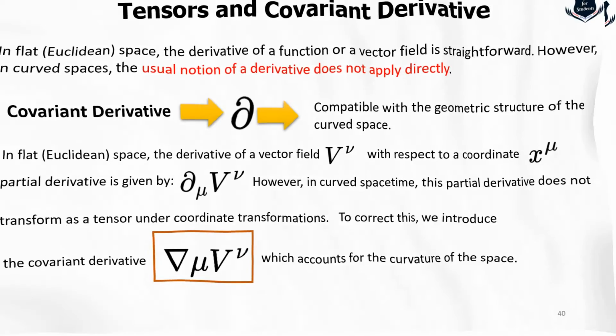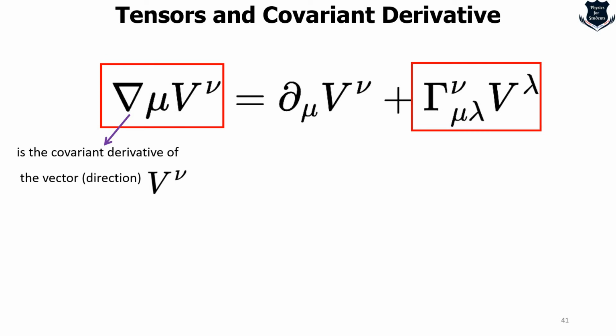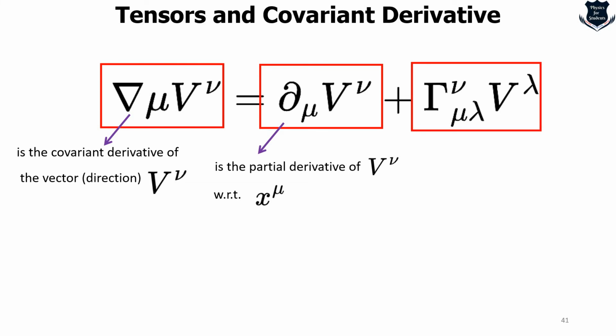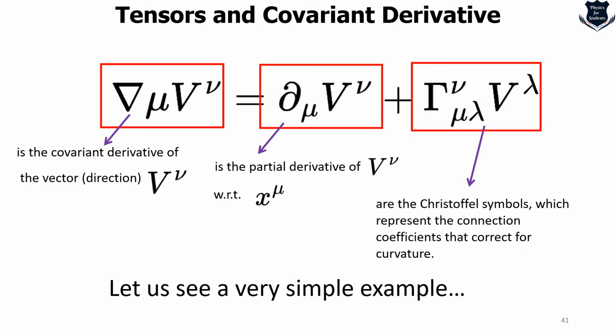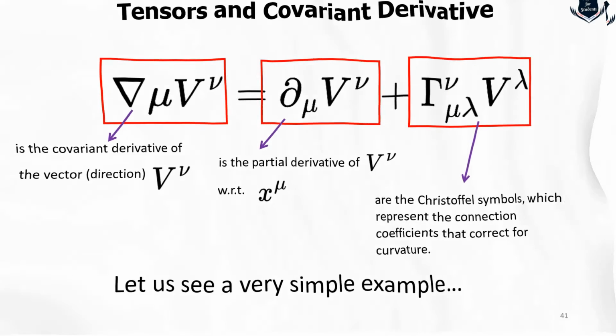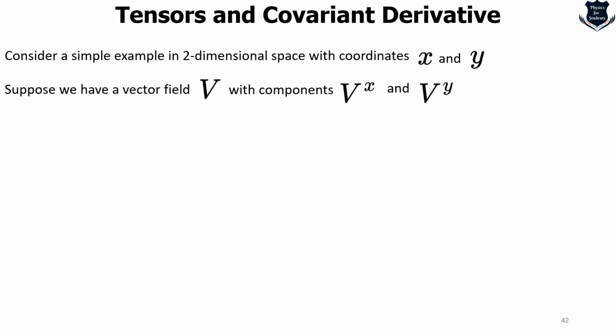Let me show you a quick example of that. Here is the equation. Here you see this part is basically the covariant derivative of the vector v nu. Then you see this part, this is the general partial derivative with respect to x mu, and this is what is called the Christoffel symbols, which is a kind of connection term. We'll come to that part later. And we can see this in a very simple example. Let us say we have a two-dimensional space with x and y coordinates, and a vector field v with components vx and vy.